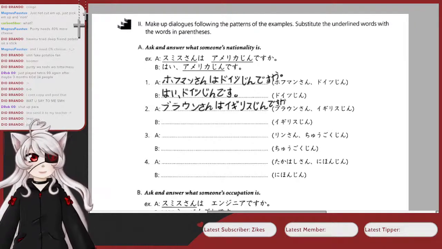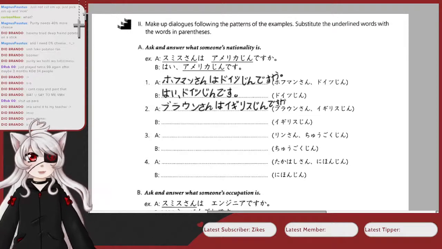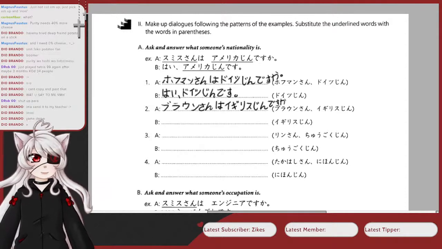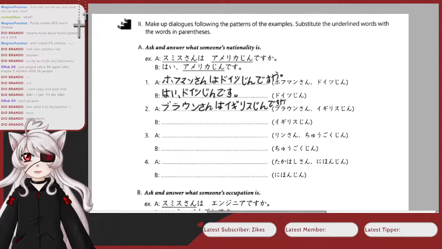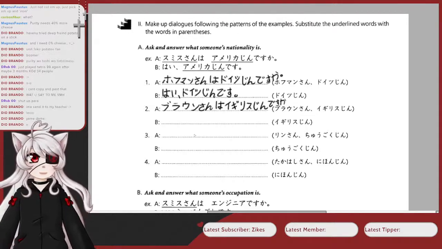And don't press X to doubt me. I can write very small in my textbooks.